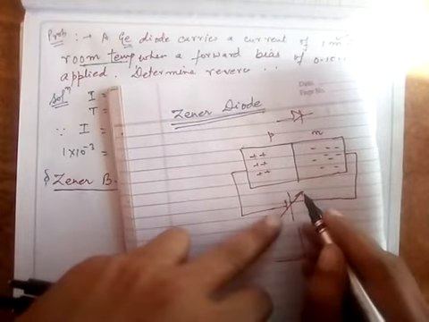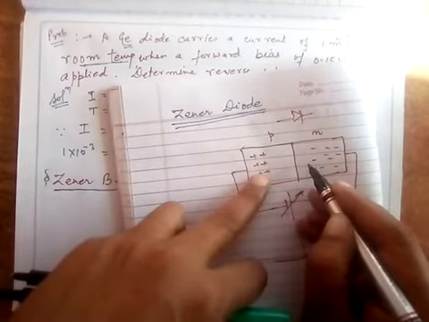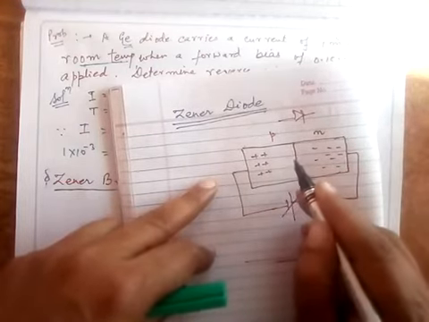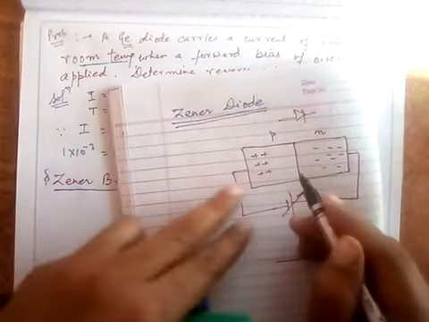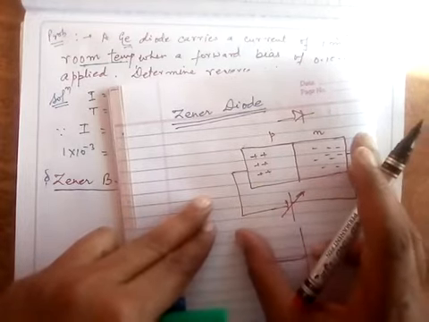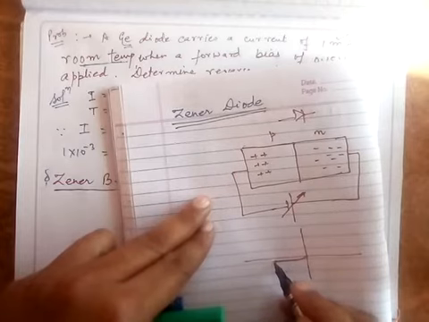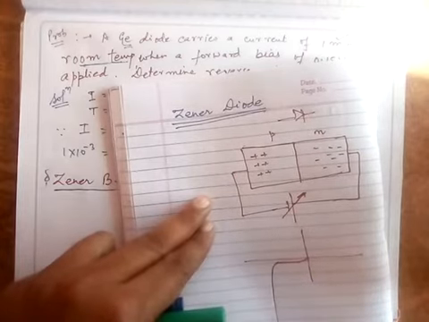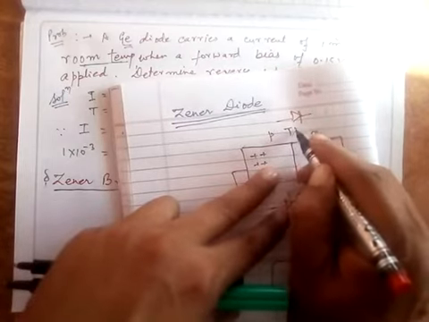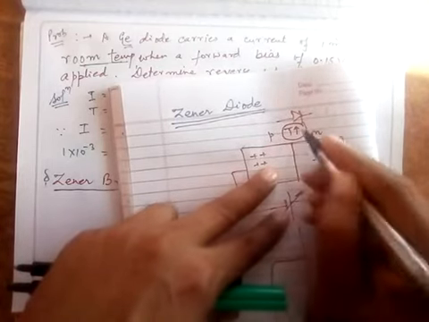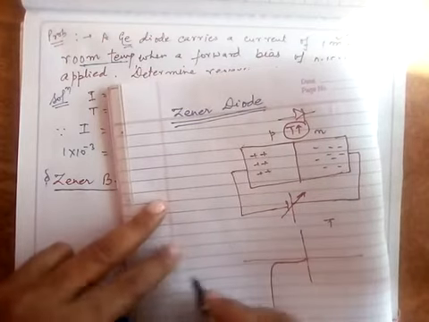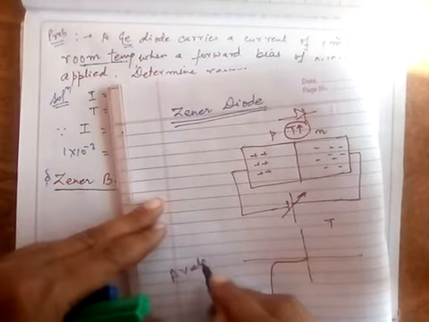When they break the covalent bond, an electron hole pair is generated, and these generated electron hole pairs further break the covalent bonds, and a few more electron hole pairs are generated, and there is an avalanche of electron hole pairs and a very high current flows, with which the junction temperature increases. The temperature will increase and this may damage the diode. This breakdown is called avalanche breakdown.